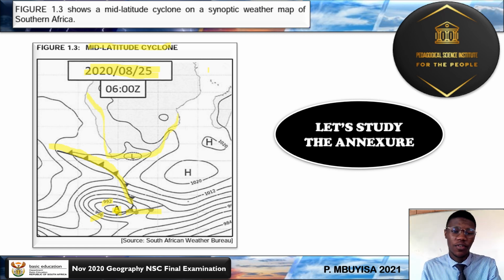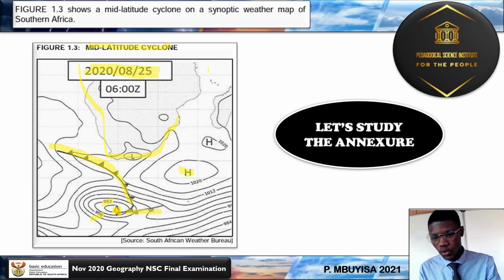You see from the borders that is South Africa, and we have a low pressure system there at the coast, that is your coastal low, and you have your high pressure closer to the interior. So that is your South Indian high pressure cell. So these are just some of the features that you can identify from the synoptic weather map.